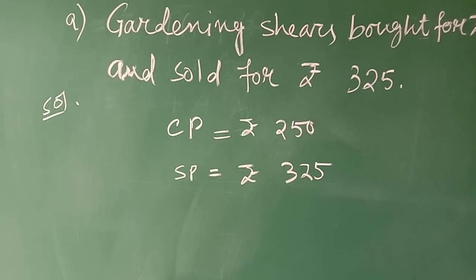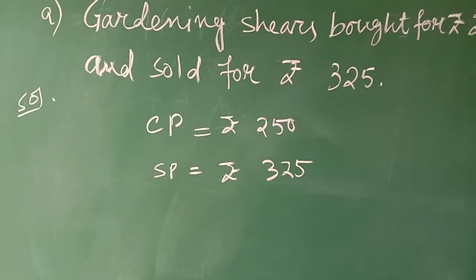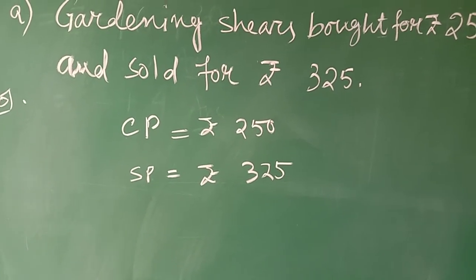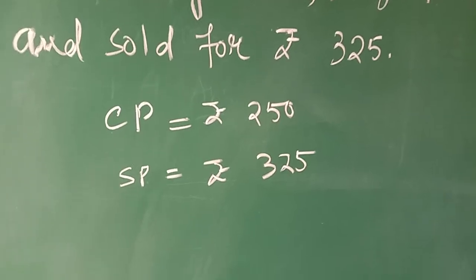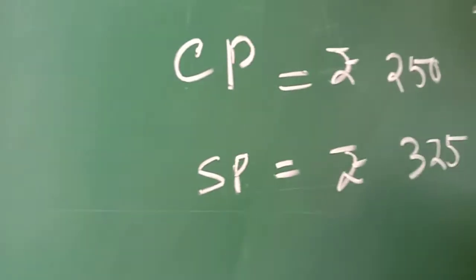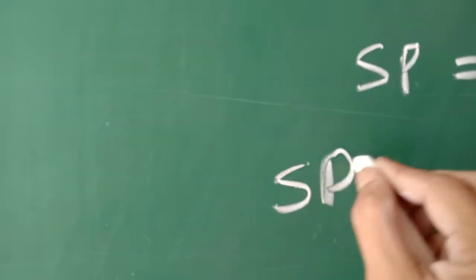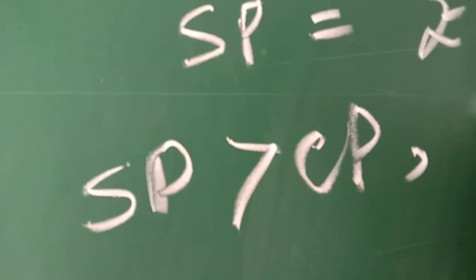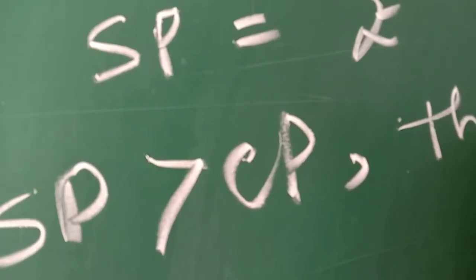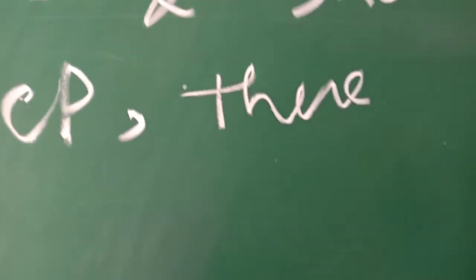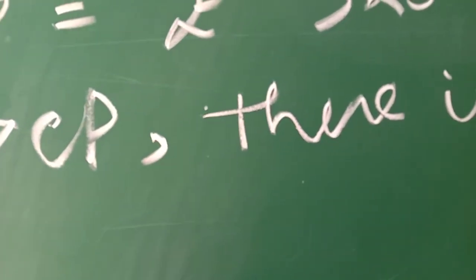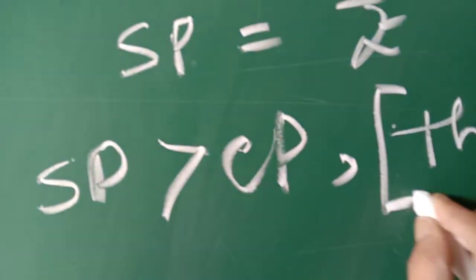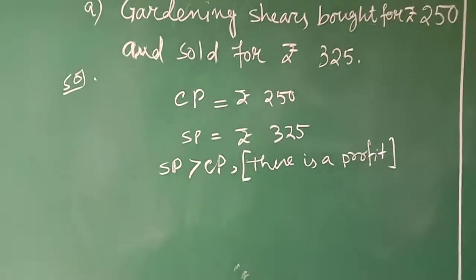That means whatever the amount he has used for purchasing that share, and on selling he has got more value as SP greater than CP. So there is a profit, as SP greater than CP, so there is a profit.